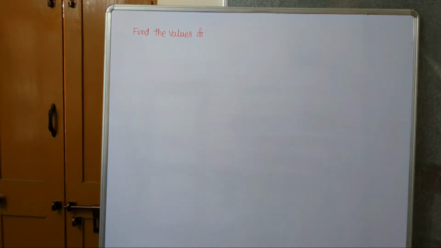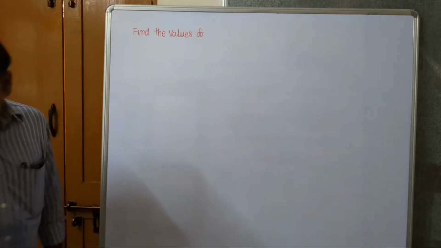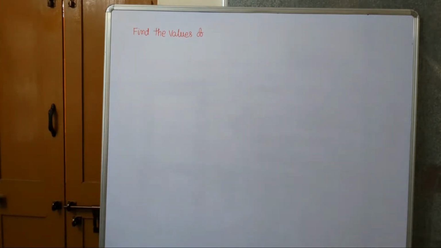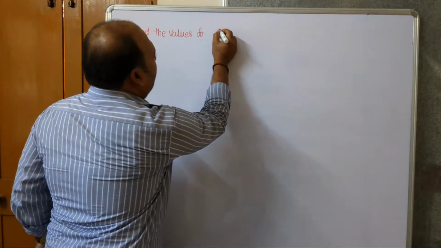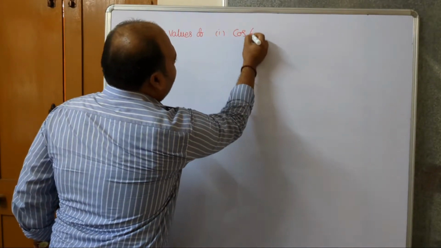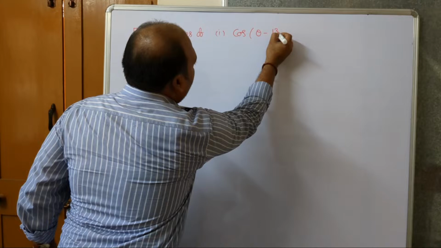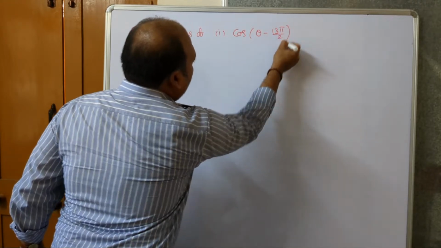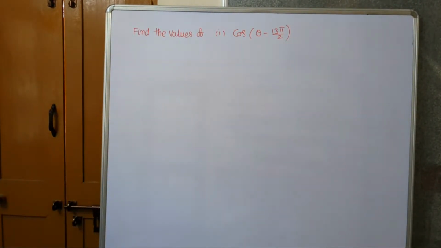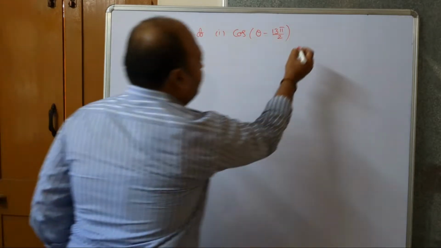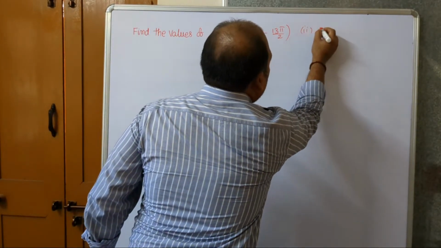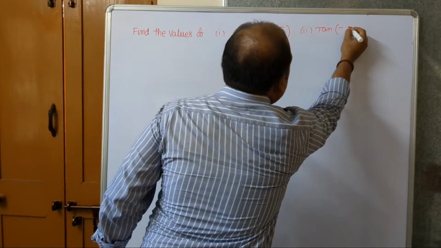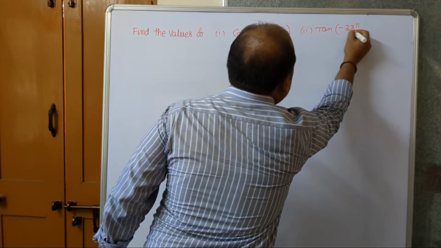So next, simplify the values or find the values of cos of theta minus 13 by 2, and tan of minus 23 pi by 3.